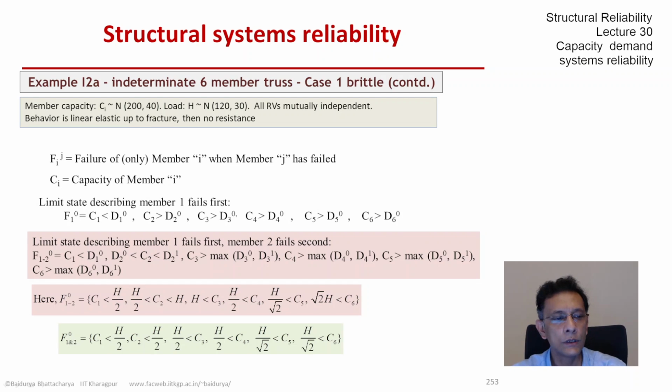Also, we could write the simultaneous event F0, 1 and 2, which is both 1 and 2 fail in intact state and the others don't. So C1 less than H over 2, C2 less than H over 2, but all the other ones are greater, C3 greater than H over 2, and so on, C6 greater than H over root of 2.